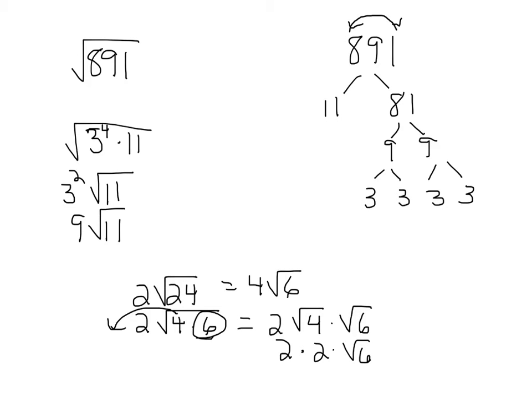or 4 root 6. The square root of the 4 comes to the outside, and the irrational part stays in. If I want to give you steps, the first thing you want to do is find the prime factorization.